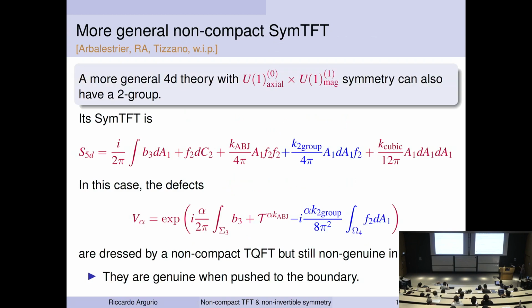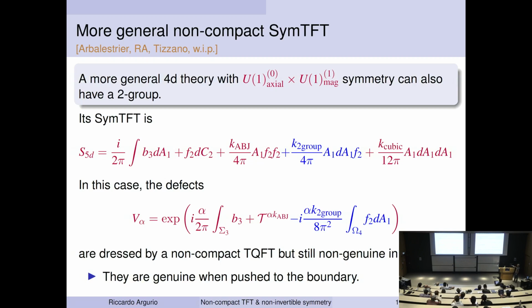Okay, so this is something that we are finishing now, which is to generalize the symmetry TFT to a situation more general than QED. It also allows for the presence of another mixed anomaly, which leads to the presence of a two-group. So the idea is to have both a two-group and an ABJ anomaly. ABJ anomaly means non-invertible defects in this case.